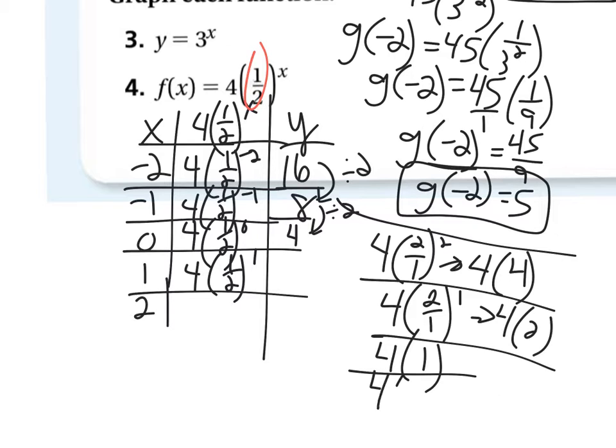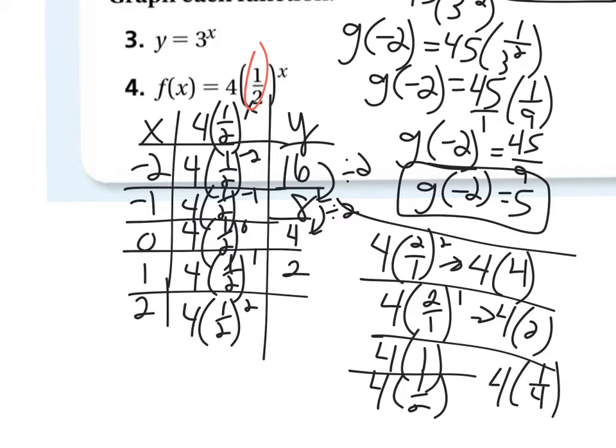4 times a half of 4 is 2, and then this would be 4 times a fourth. So a fourth of 4 would be 1. Okay, and again, all the way through here, we actually divided by 2 every time.